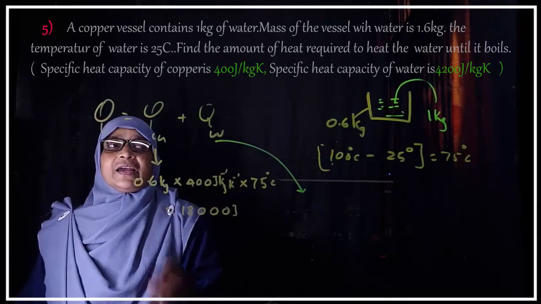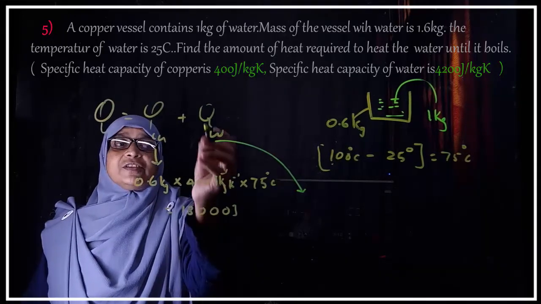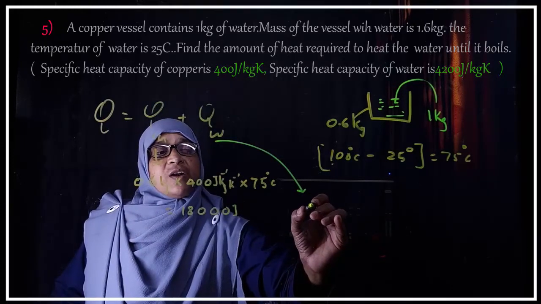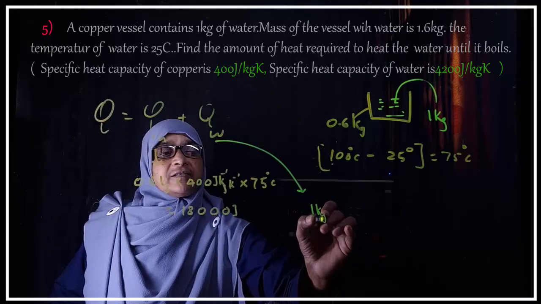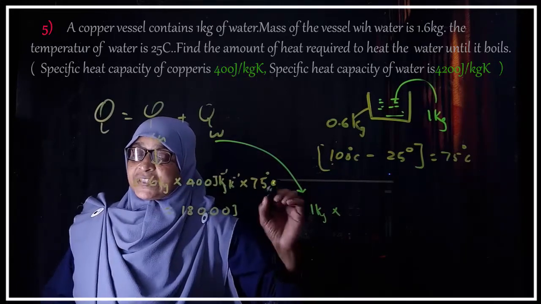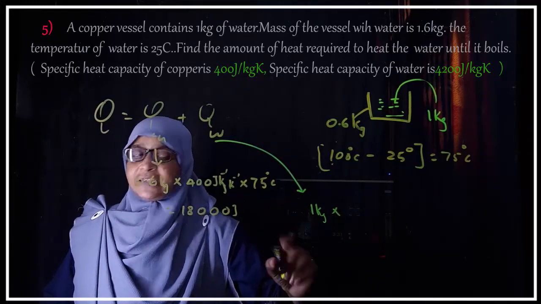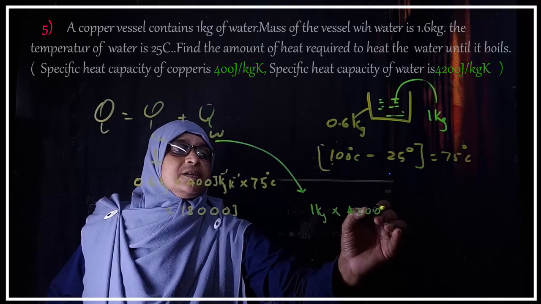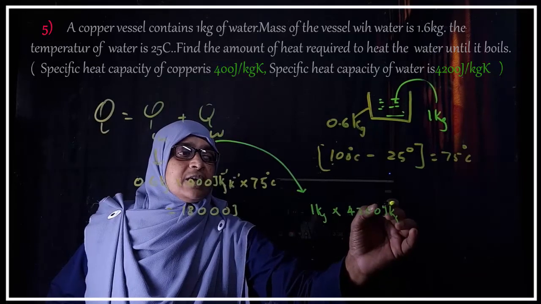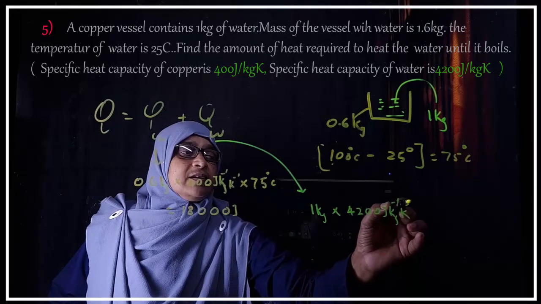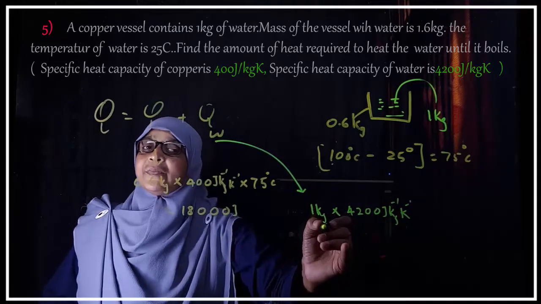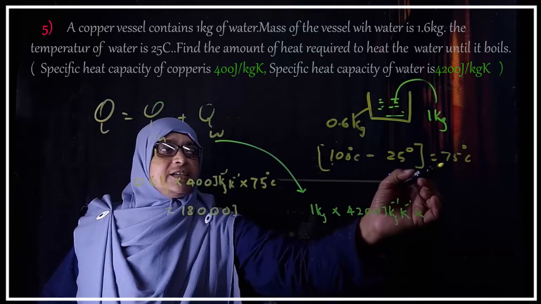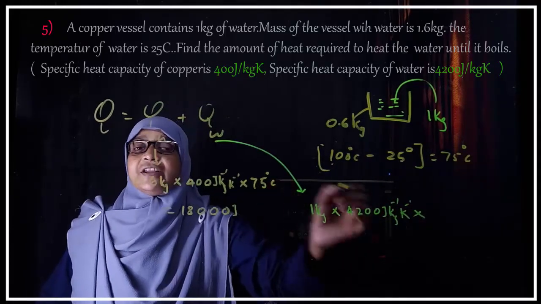Next, we calculate this one. We apply Q is MC theta for this water. The mass of water is 1 kg. What is the specific heat capacity of water? 4,200 joules per kg per K. M, C, theta. Theta is 75 degrees Celsius.